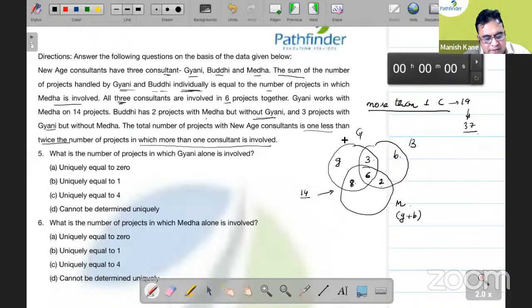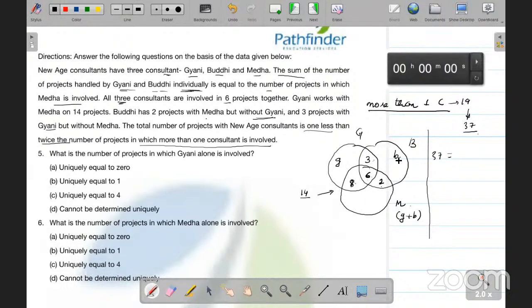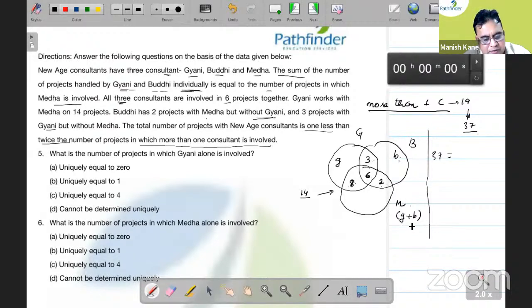Now, if 37 projects is the total number, you will appreciate that 37 must be the sum total of all these numbers. So G plus B plus G plus B... Are you able to understand this? G plus B plus 3, 6, 8, 2 and G plus B. This is equal to 37.